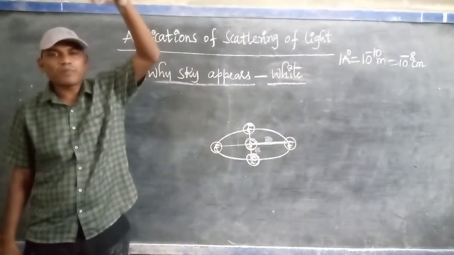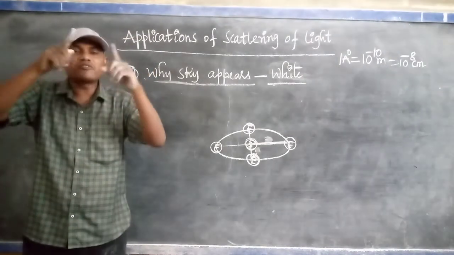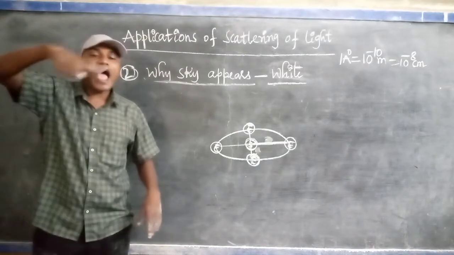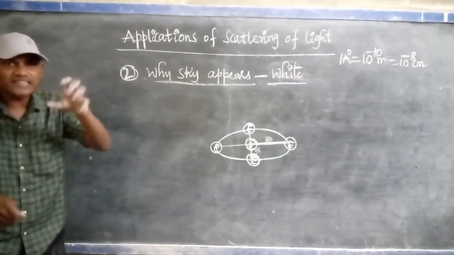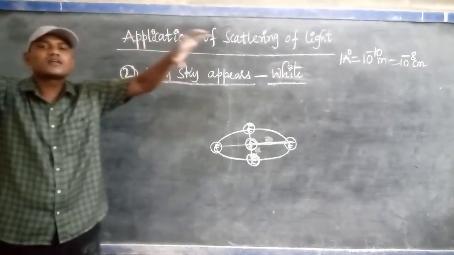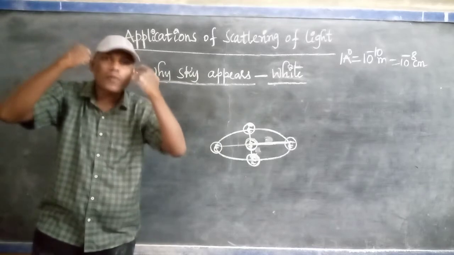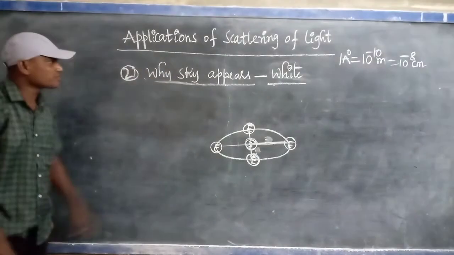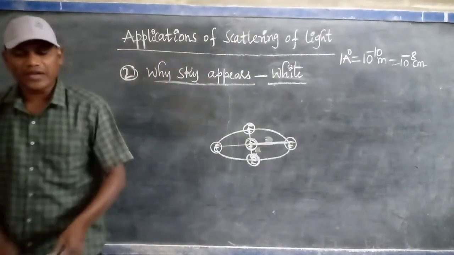When they are passing through this, the size of the molecule present in the air is not equal to any one wavelength of color. It is equal to the average wavelength of all colors. That's why it acts as a scattering center for all colors of the light. That's why before vanishing, all the colors reach our eye due to the lesser distance. That's why the sky appears which color? White in color at noon time.